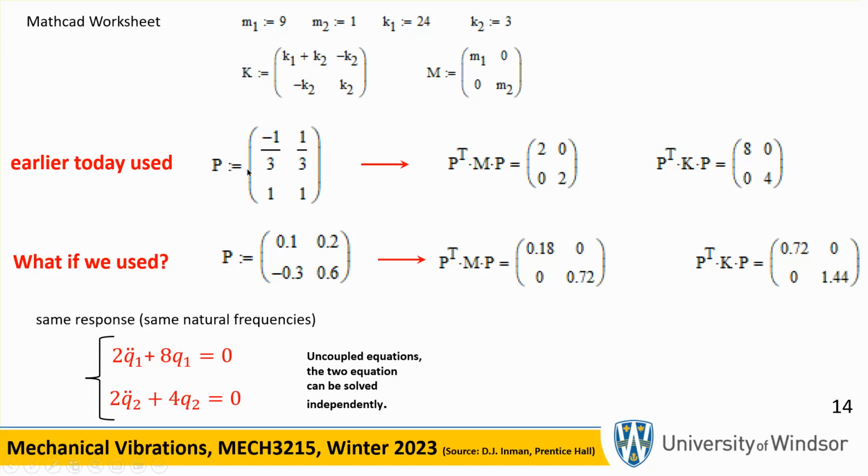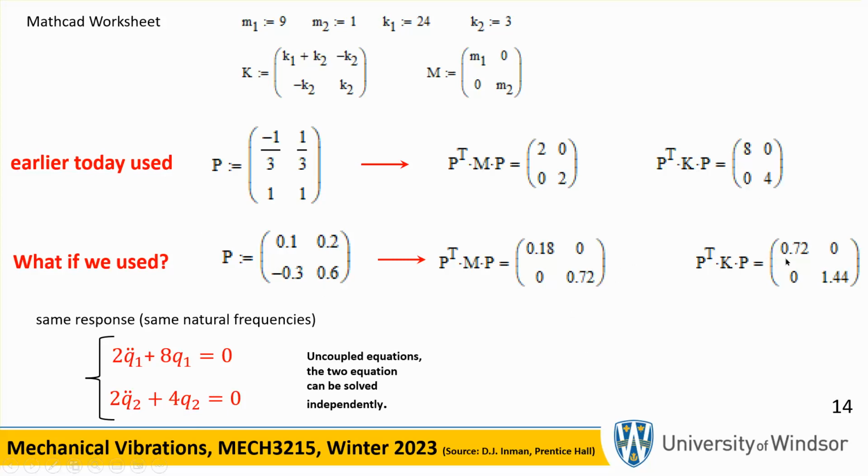With this choice, 2 times Q1 double dot plus 8 times Q1 equal to 0. And for the second row, 2 times Q2 double dot plus 4 times Q2 equal to 0.